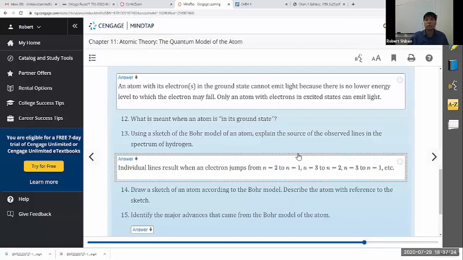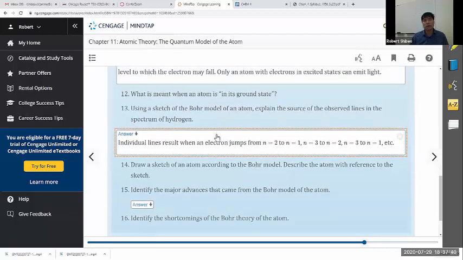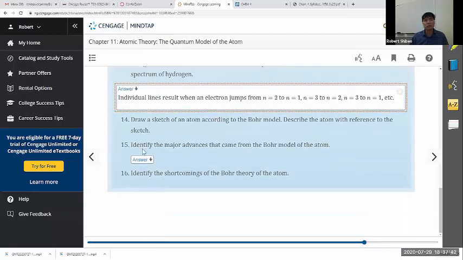And then 4 to 2, and then 5 to 2. It's going to the second floor. 2 to 1 is a bigger drop, and so that's ultraviolet. So that's all the lines, not just the visible, but the ultraviolet. They had the different series, Balmer series, etc.